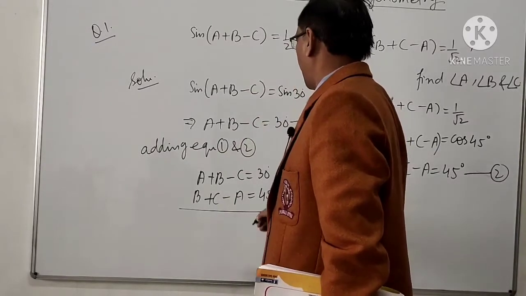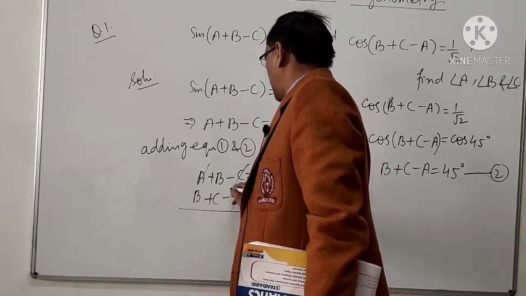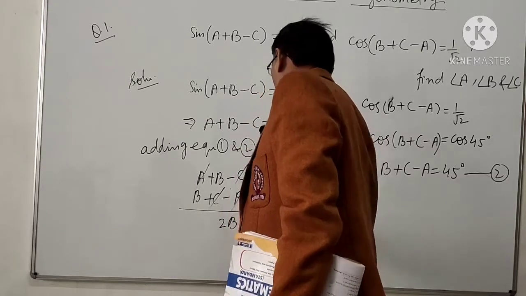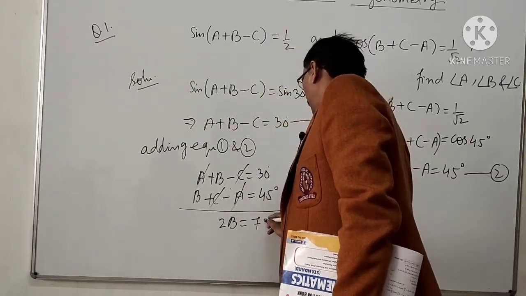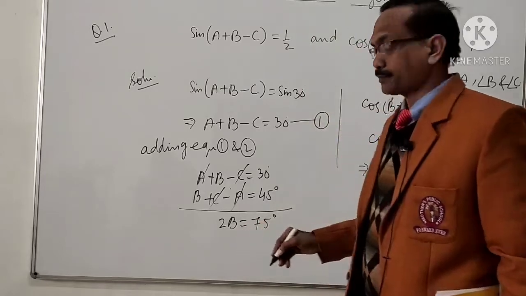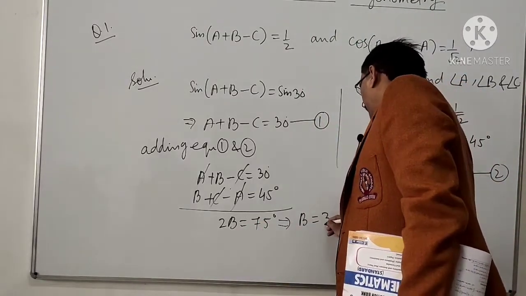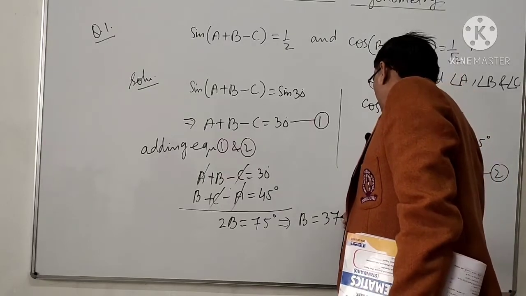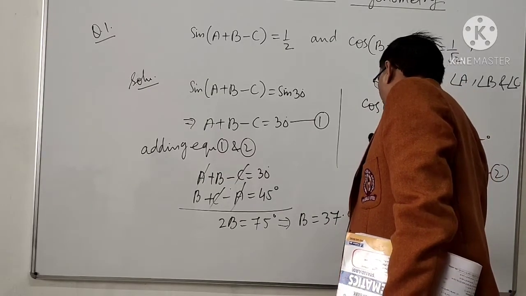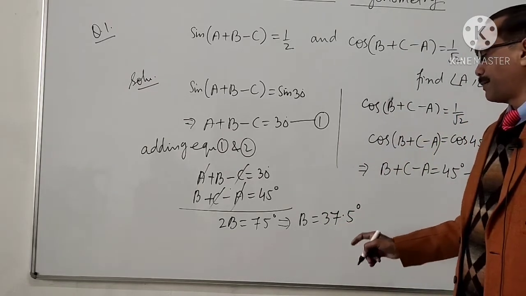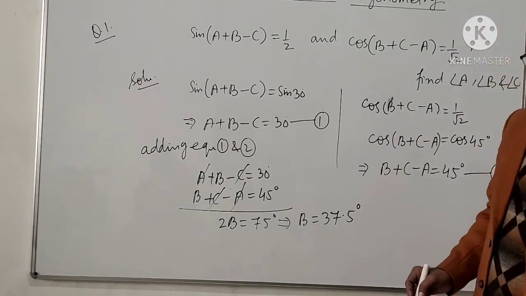After adding, A is cancelled, C is cancelled, 2B equal to 75 degree. From this, we will get B equal to 37.5 degree.